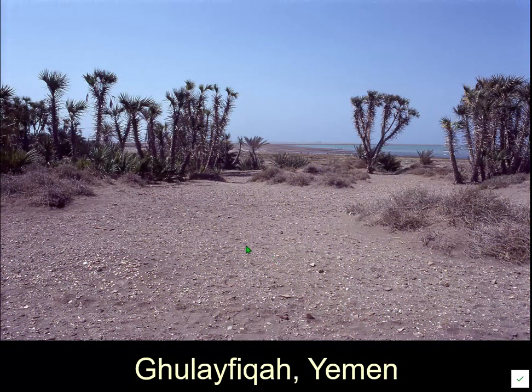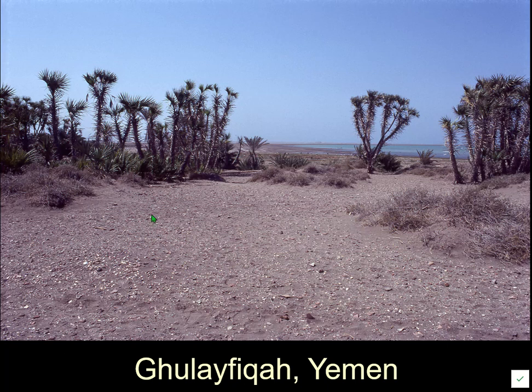This is a site called Ghulayfiqa on the coast, and it doesn't look much like an archaeological site. Here you can see there's an offshore bar that creates quite a nice harbor. There were a number of these along the Red Sea coast, and this bar created by longshore drift would often migrate up the coast.